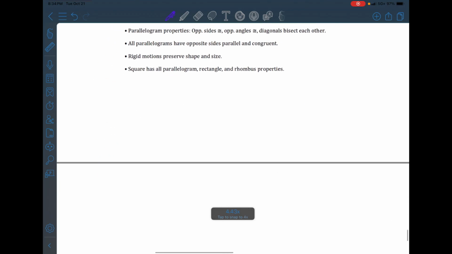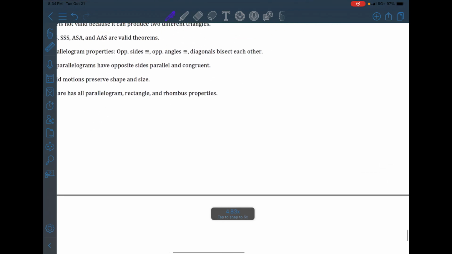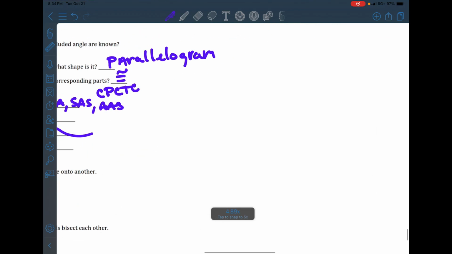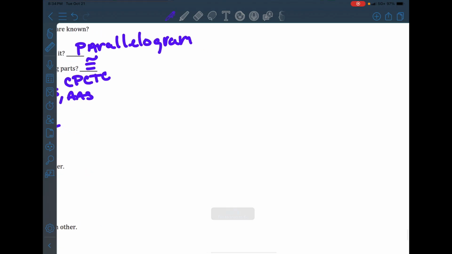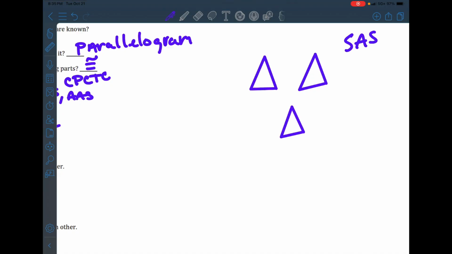Let's look at a couple of things that you need to remember. If I have congruent triangles, they have to be marked the same. So if I want to prove them congruent by side, angle, side, that one's marked side, angle, side. But this one is not.